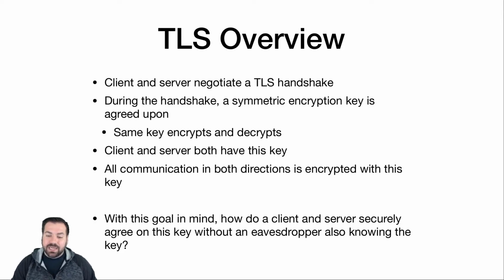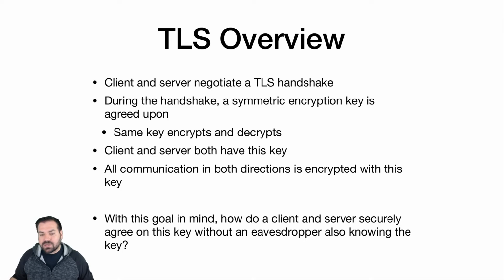Using symmetric key encryption. With symmetric key encryption, we're going to communicate using a shared common key. So the server and the client are both going to have the same key. The same key both encrypts and decrypts.